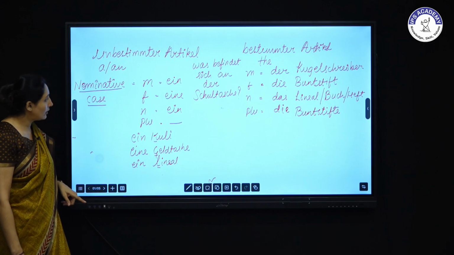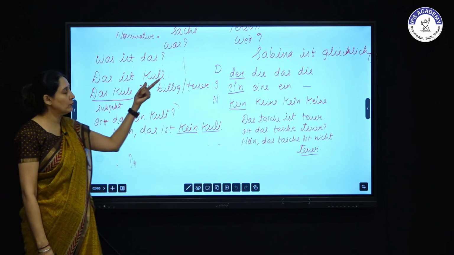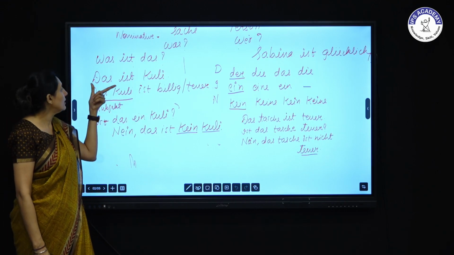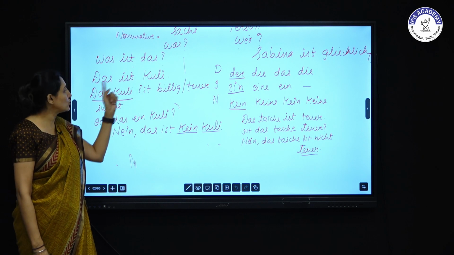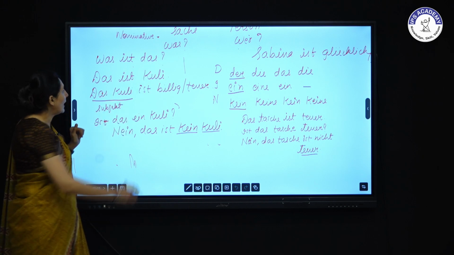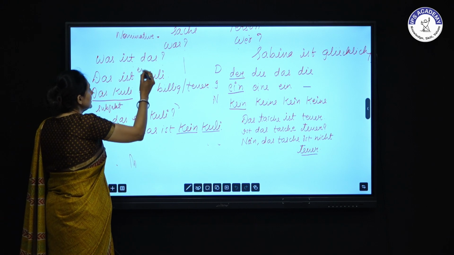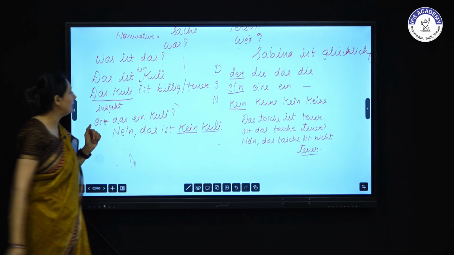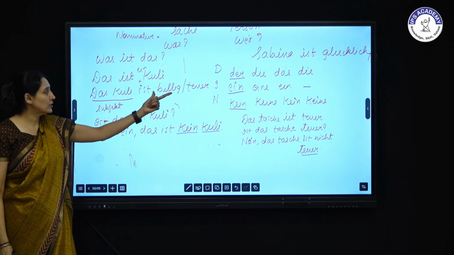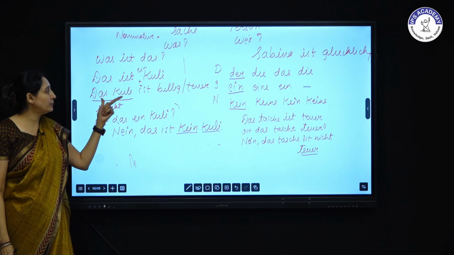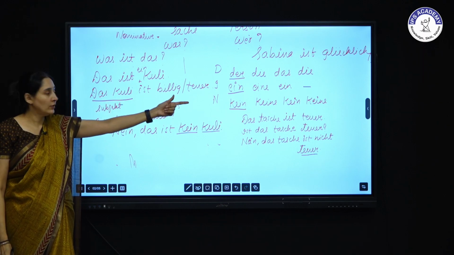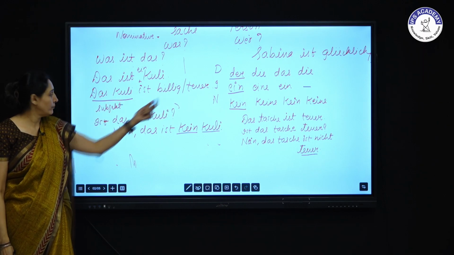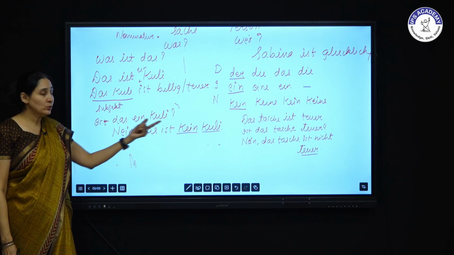Seeing these words, we have taken one word for making some sentences. Was ist das? Das ist ein Kuli. Der Kuli ist billig. That pen is cheap, or teuer, expensive. Ist das ein Kuli?